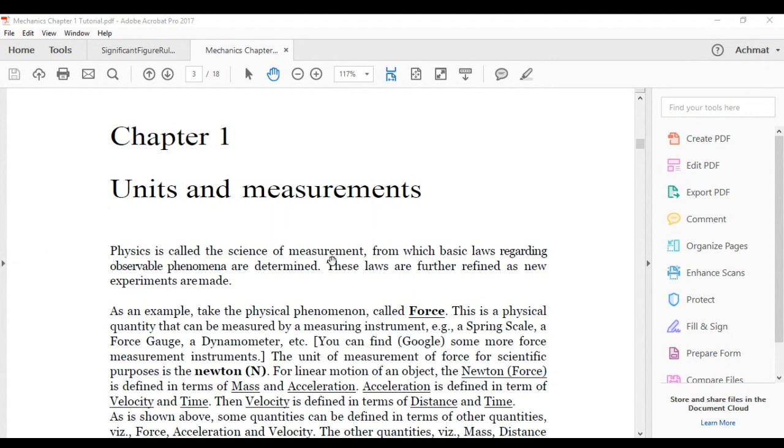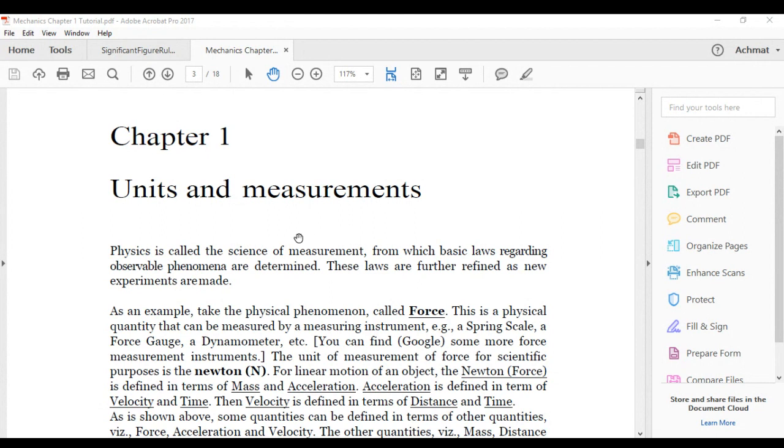So whenever we want to discuss a physical phenomenon, we have to find ways of making measurements about it. Once you can do that, you can see what causes it to increase and decrease. If you are able to observe it, find a way of measuring it. So the science of measurement is called physics.